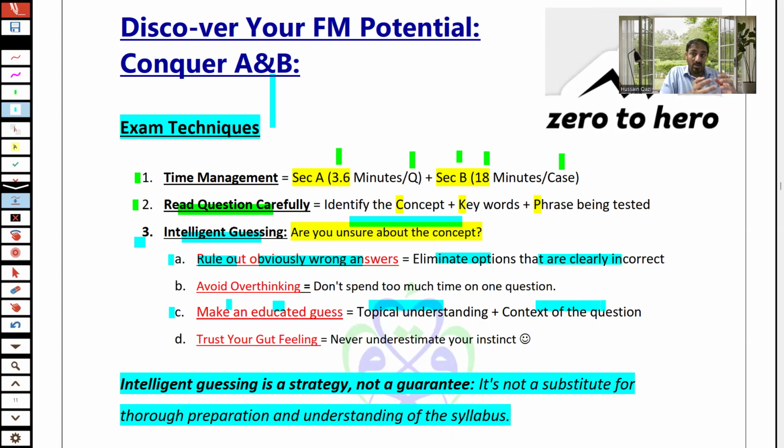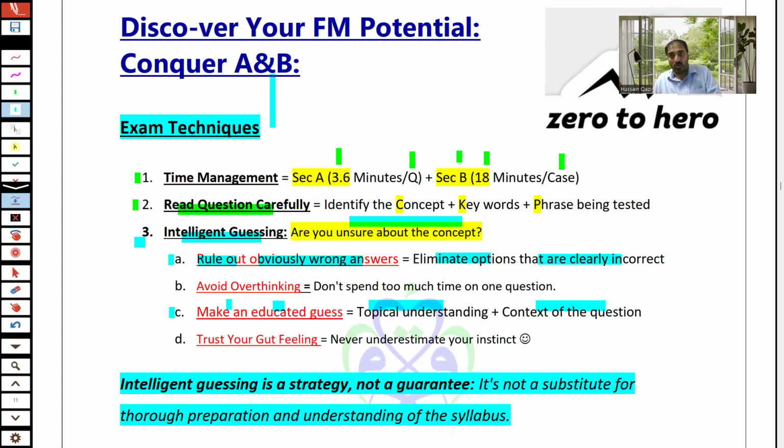If you really want an educated guess rather than a random guess, a tukka, try to understand the topic and the context of the question. With these two rules, there will be a brighter chance that you will identify the correct answer.